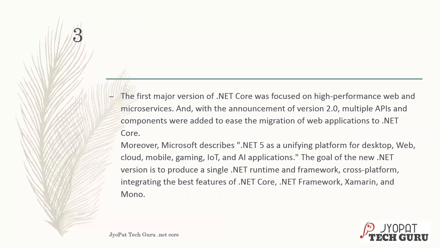So whatever traditional .NET Framework applications are there, those can be migrated to .NET Core very easily with the different components which are available in .NET Core, as it supports multiple platforms.